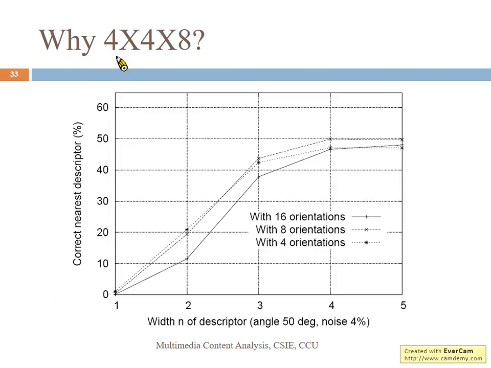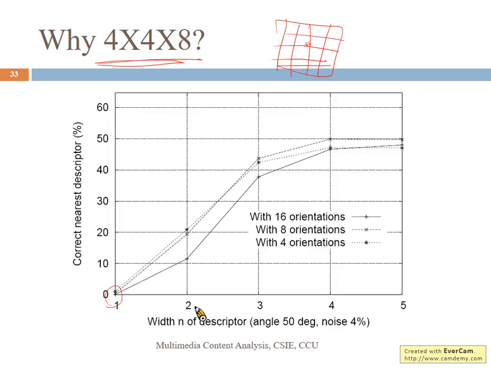So why 4 by 4 by 8? Why do we divide the patch into 16 smaller patches? Okay, this setting is also derived based on experiment. So right here, we check how we divide a big patch into smaller patches.